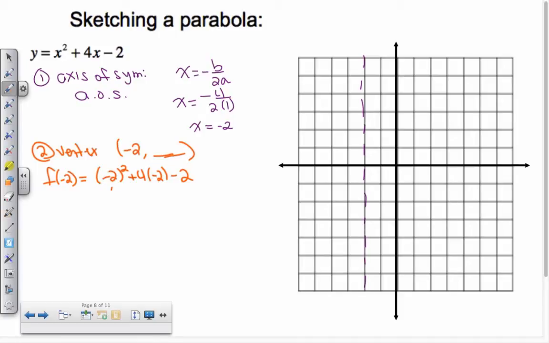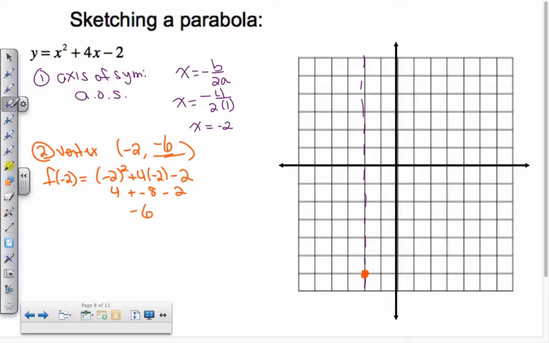Negative 2 squared is 4. 4 times negative 2 is negative 8. 4 minus 2 is 2. 2 plus negative 8 is negative 6. So that means this vertex point is at negative 2, negative 6. And then you write it as a point. So negative 2, 1, 2, 3, 4, 5, 6 is that vertex point.